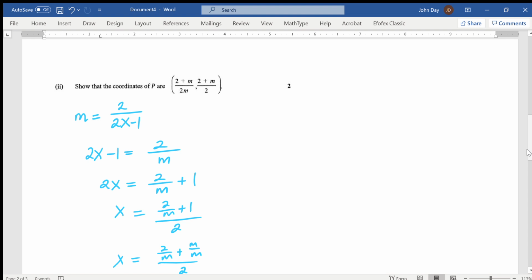Now, I know that from what I've written above, that particular point P has the following coordinates.